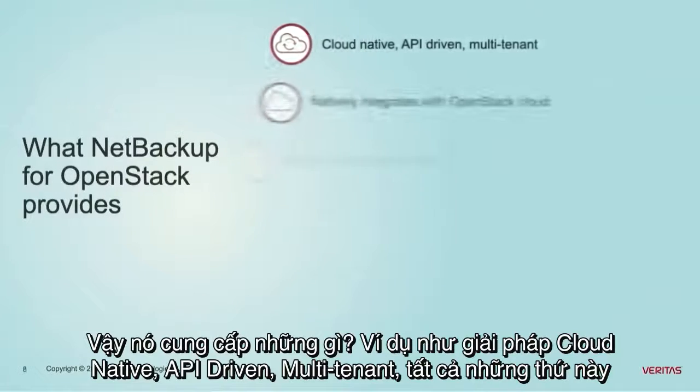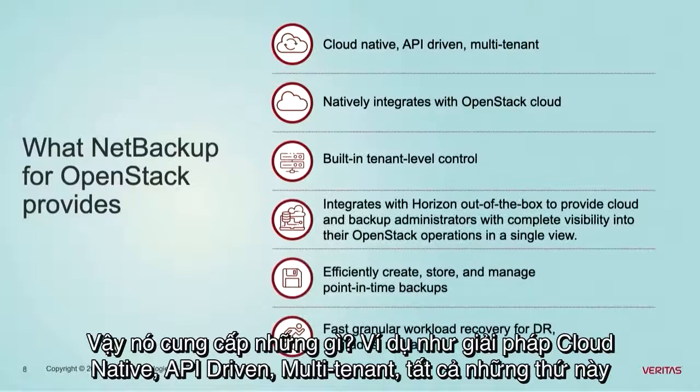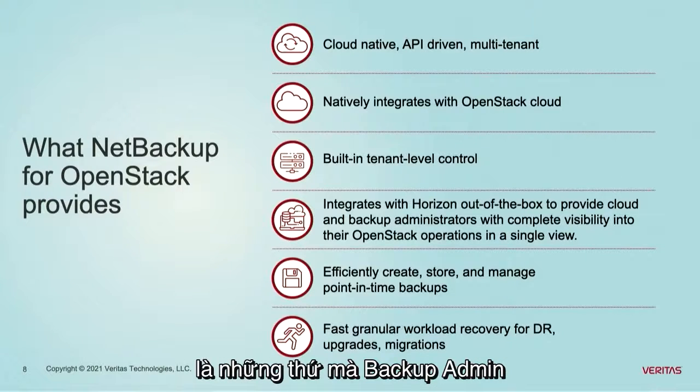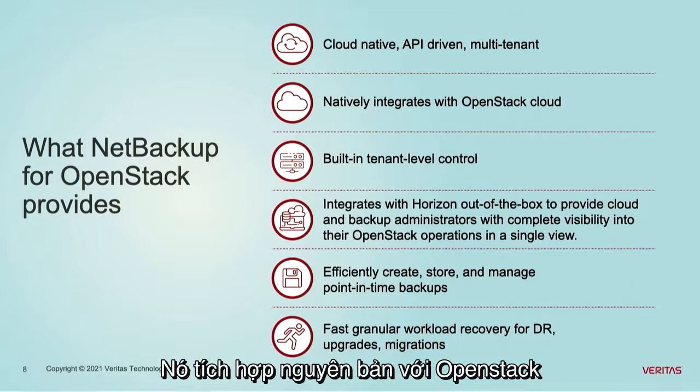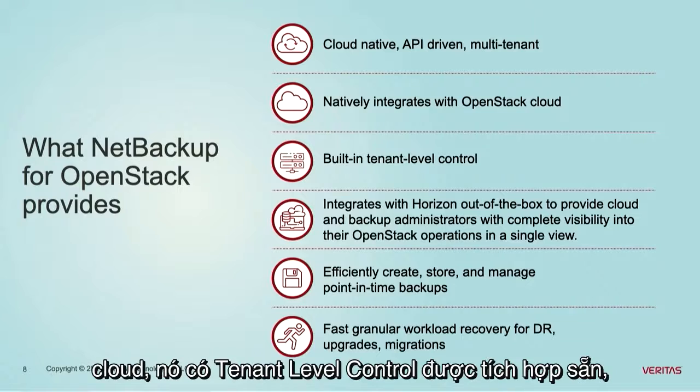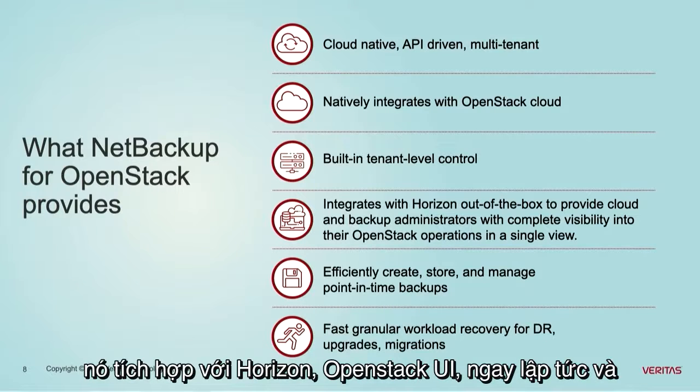So what does it provide? So cloud native, API-driven, multi-tenant solution. And these are the things that backup administrators and OpenStack cloud architects are looking for. This is table stakes. It natively integrates with OpenStack Cloud. It has built-in tenant-level controls. It integrates with Horizon, the OpenStack UI, right out of the box.